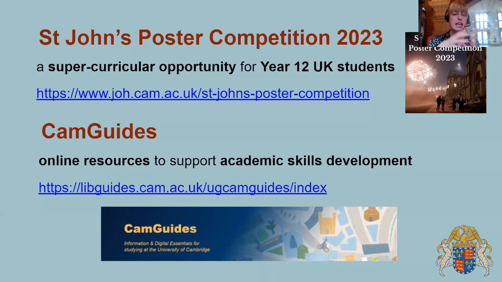So CAM Guides is excellent. It's designed to help support students in the transition from school to university, but I think it's extremely applicable in the case of you guys now in the stage that you're at in terms of preparing a competitive application. So have a look at CAM Guides.